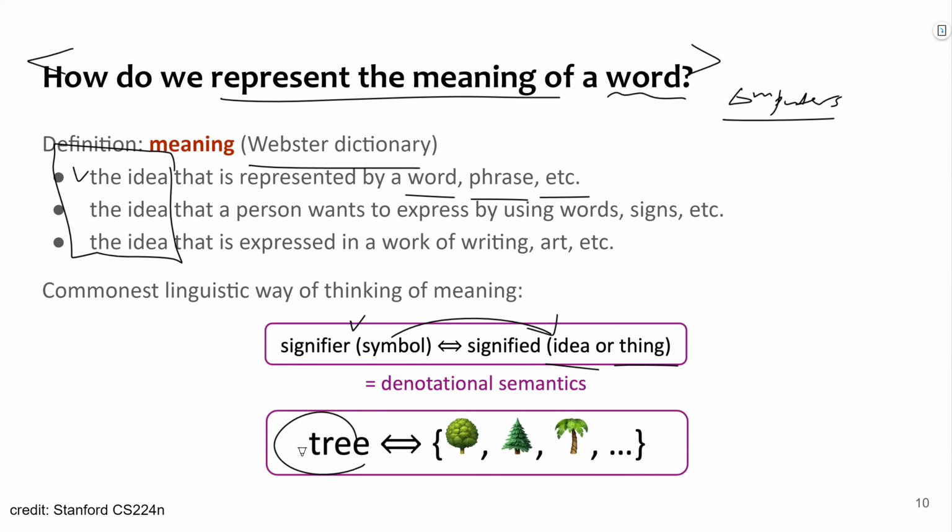Here we have a symbol of tree, and there might be a concrete tree out there. This word tree might be indicating a concrete tree out there or some abstract tree in our mind. Okay, so the commonest linguistic way of thinking of meaning is signifier and signified, denoting something.